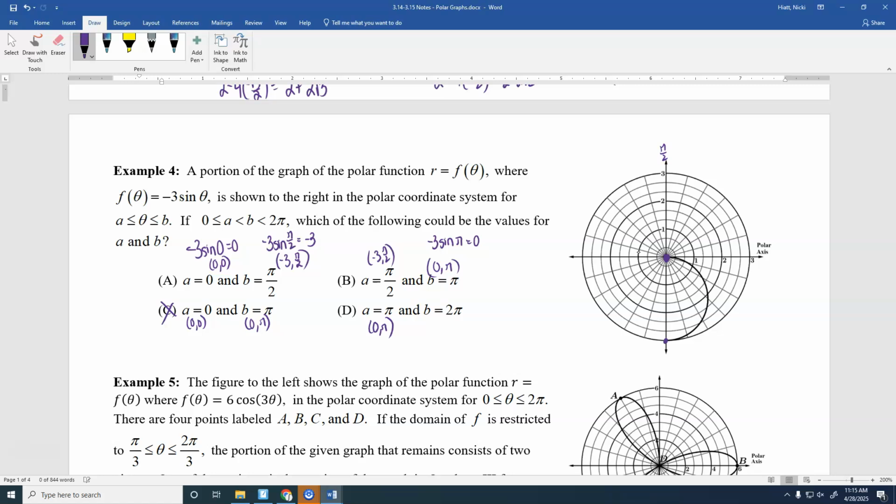That one is a possibility. 2 pi: if I do negative 3 sine of 2 pi, then that is going to be 0 right there as well, so I would have (0, 2 pi). Again, both of those points are on my graph, but they're just one single endpoint. They're like the same point, so D's not looking good there.